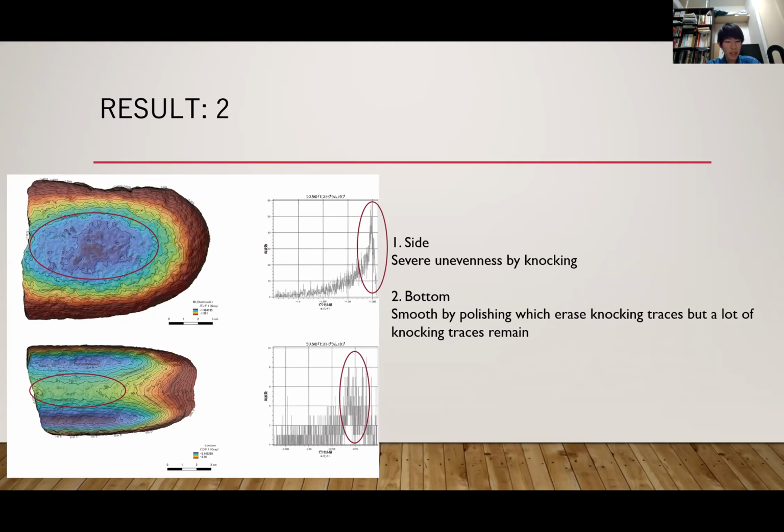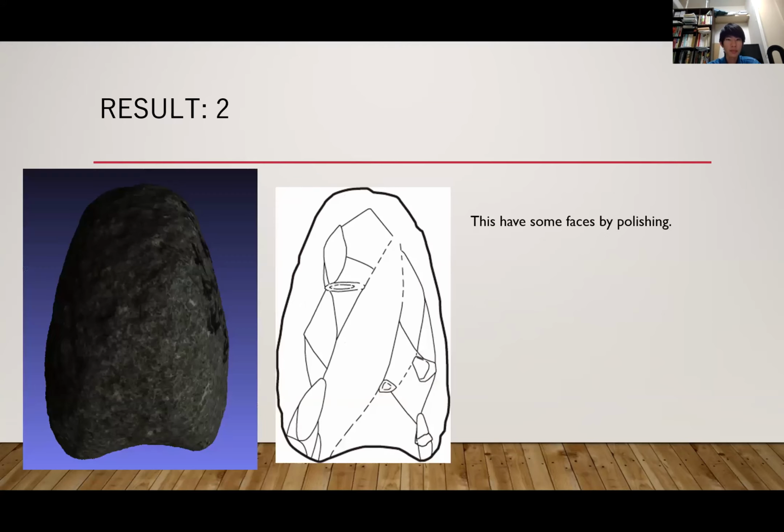It can be seen that the contour is smooth on the bottom, indicating that this is polished. Polishing of the bottom expands to the side, and the side is finely polished to form a curved surface.